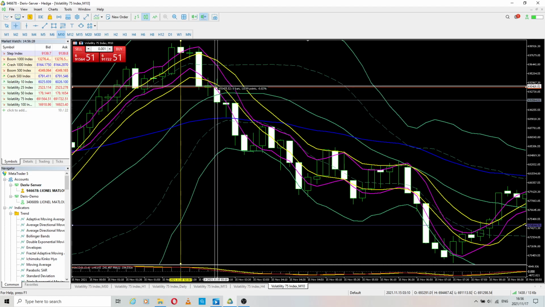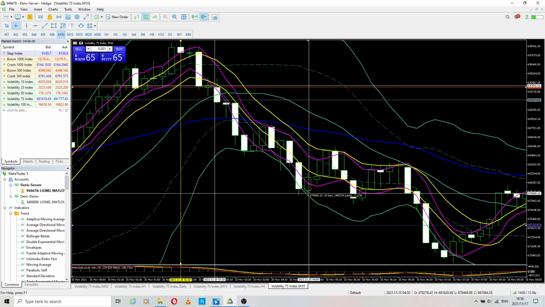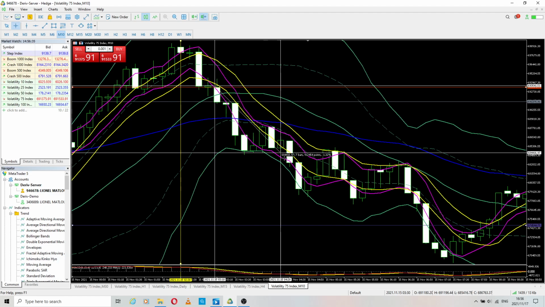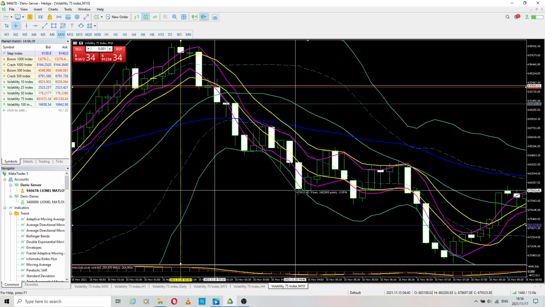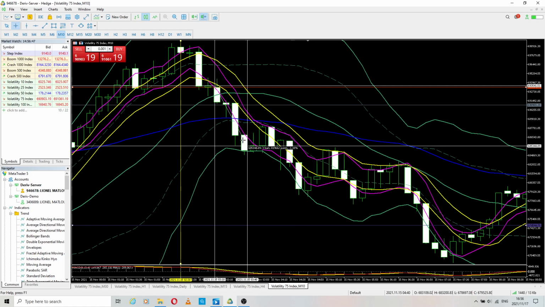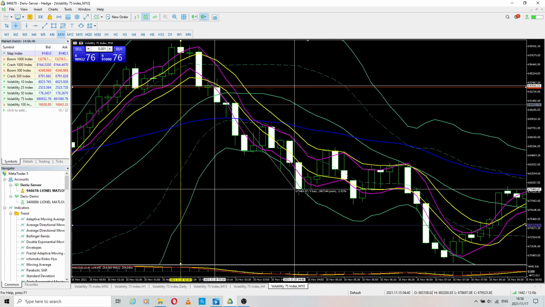The first sell right there. Then you just need from there to there 100 pips, but that's not 100 pips, something like 1,000 pips right there. This is VIX 75, 1,000 pips right there.